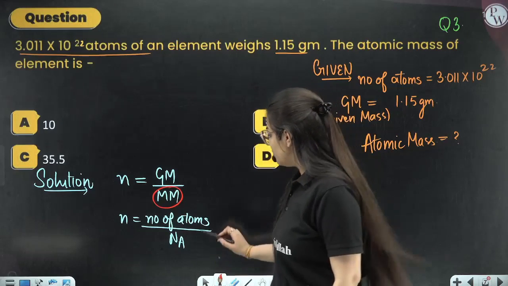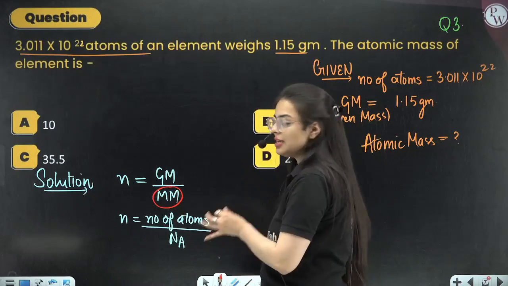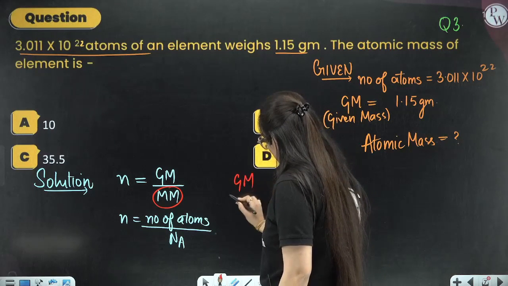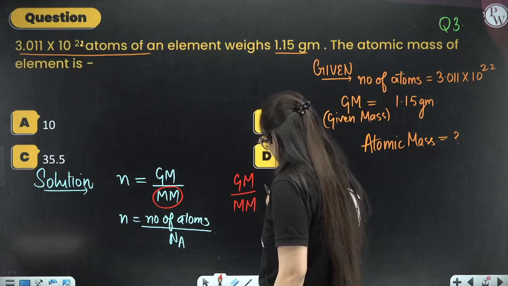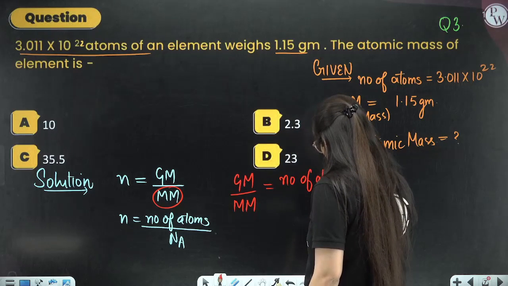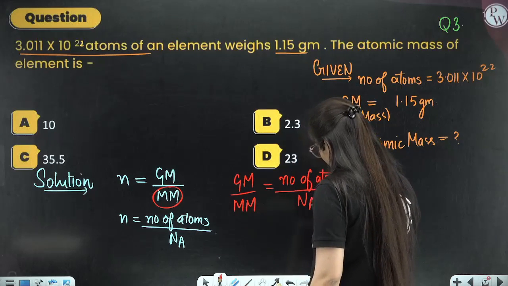And we have been provided with the number of atoms. So if I correlate these 2 formulas, what will be my new formula? Ma'am, my new formula will be given mass by molecular mass is equal to number of atoms divided by Avogadro number, right?